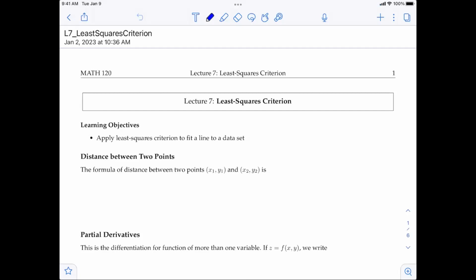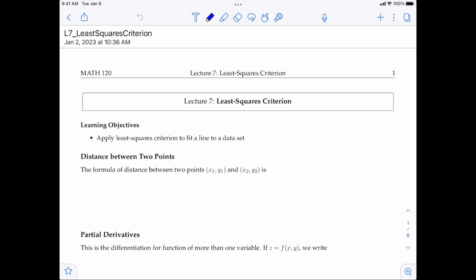The derivation of the least squares criterion requires a lot of previous knowledge, and two of those things are the distance between 2 points and partial derivatives. The distance between 2 points can be easily obtained, and a lot of you may have seen that before. However, partial derivatives are probably a new topic to a lot of you.